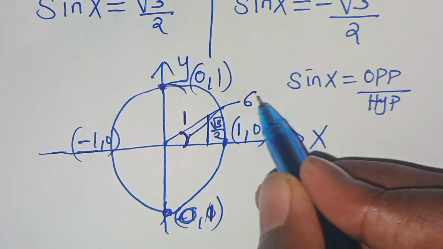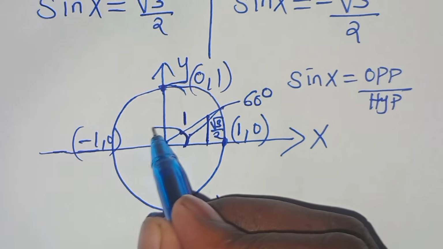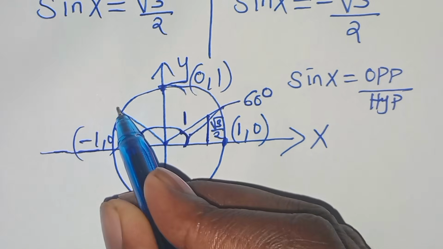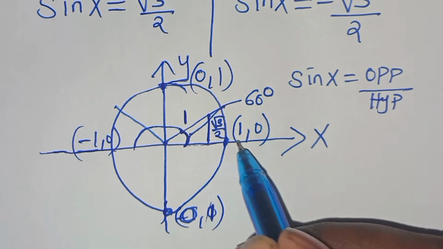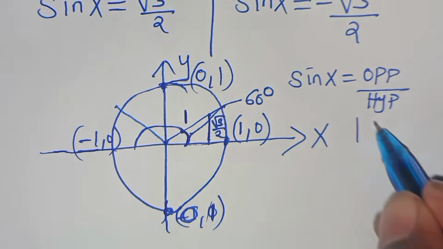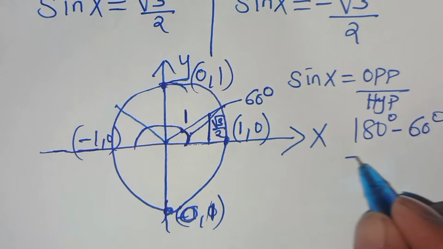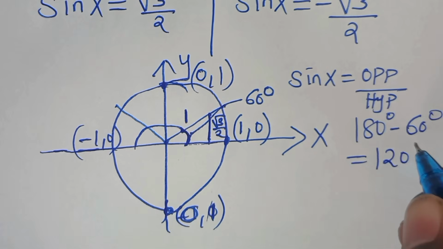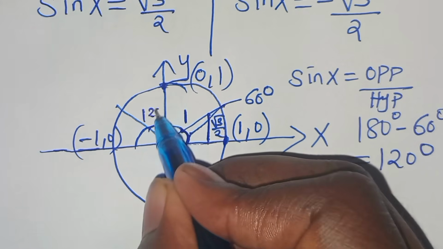And from here, we also have another angle here. That is angles in a straight line add up to 180 degrees. 180 degrees minus 60 degrees is equal to 120 degrees. So here we have 120 degrees.